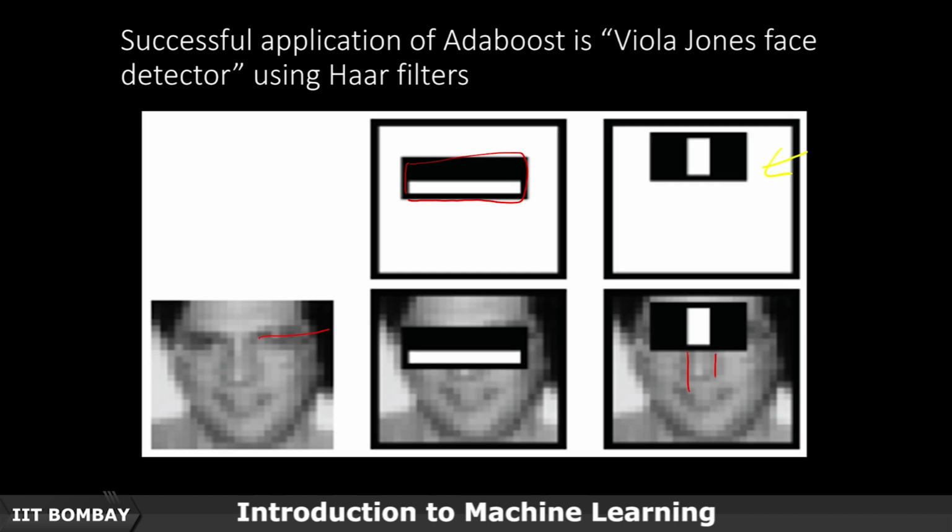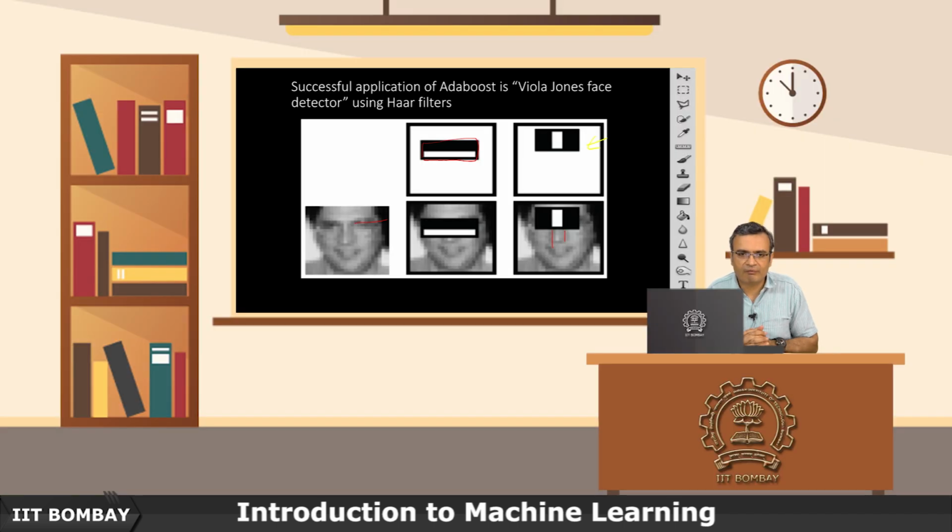Once we have extracted a lot of these fast wavelet-like features from the images, we train an AdaBoost model on top of that, and that becomes a Viola-Jones face detector, which is a standard package in OpenCV that you can use for detecting faces, and it does pretty well and works very fast.